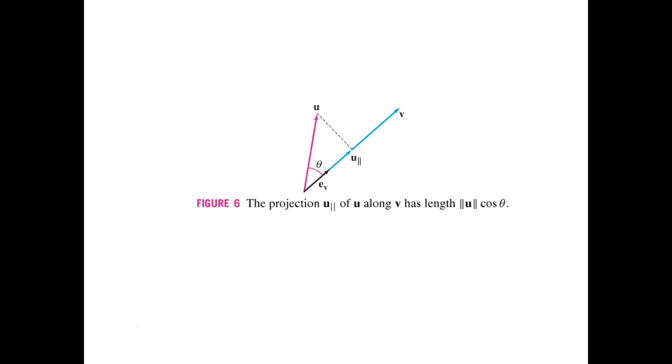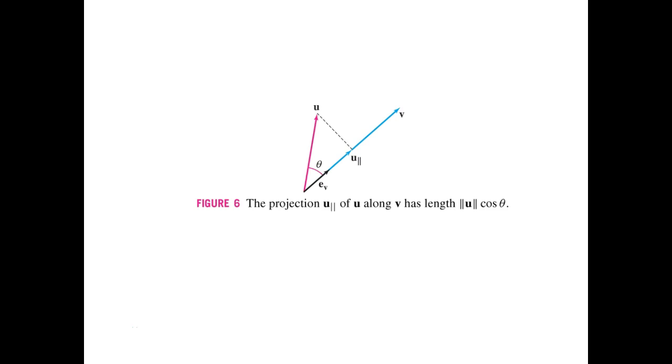The projection of U parallel to some vector V, of U along V, has a length of magnitude of U times cosine of theta. So here's your vector U, and here's some other vector V. Notice nothing said about either one of their lengths or anything else.